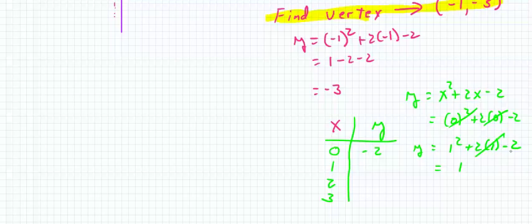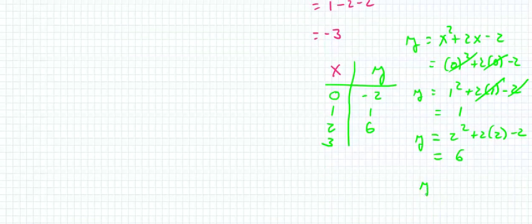These cancel, 2 minus 2. If x is 2, 2 squared plus 2 times 2 minus 2: 4 plus 4 is 8, minus 2 is 6. And lastly, if x is 3, 3 squared plus 2 times 3 minus 2: 9 plus 6, 15 minus 2 is 13.